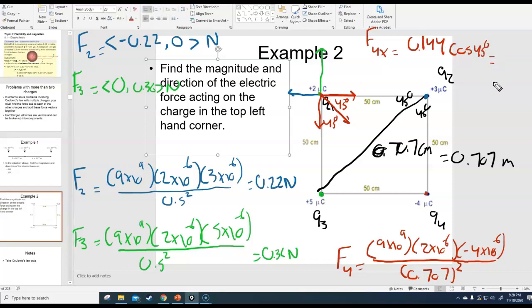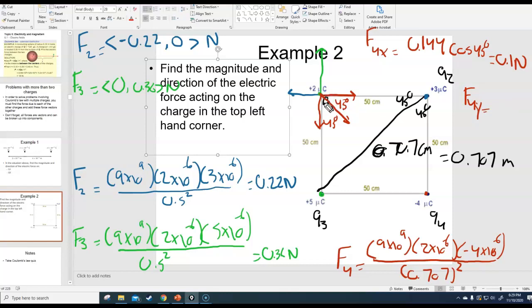In this case, it doesn't really matter if we use sine or cosine, because sine of 45 and cosine of 45 are the same thing anyway. And I get 0.1. Let's just call it 0.1 newtons, and not worry too much about the rounding.